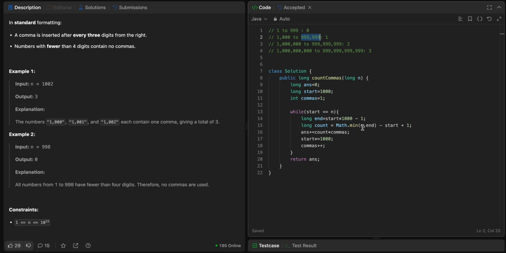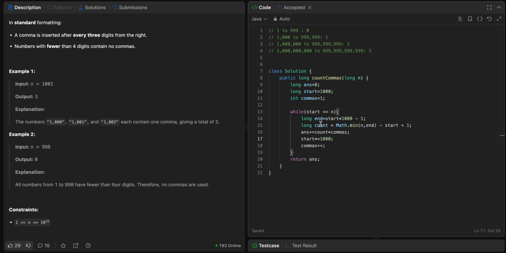Suppose n lies between this range, we will get that value. Then we subtract start and then add 1, to compensate for the subtraction. If the number falls in this range, we'll take the min. That is why we are using Math.min.